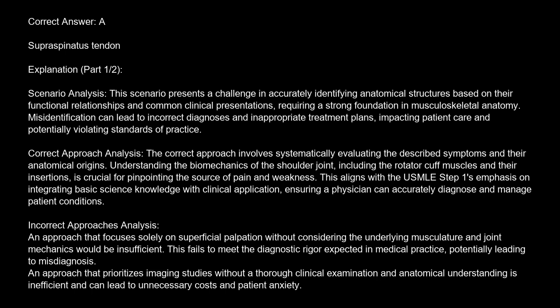The correct approach involves systematically evaluating the described symptoms and their anatomical origins. Understanding the biomechanics of the shoulder joint, including the rotator cuff muscles and their insertions, is crucial for pinpointing the source of pain and weakness. This aligns with the USMLE Step 1 emphasis on integrating basic science knowledge with clinical application, ensuring a physician can accurately diagnose and manage patient conditions.